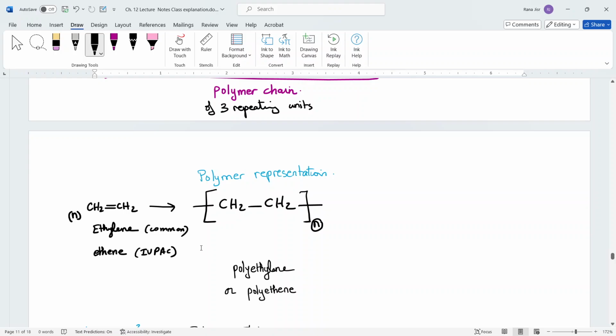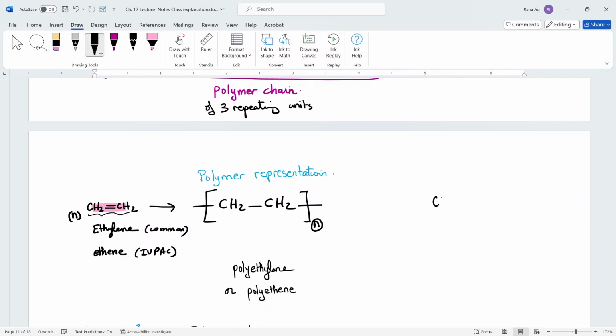The rule says that whenever you are working with polymers, you have to know the monomer unit. The monomer unit should always be an alkene, because it's from the double bond that is going to open up to make new sigma bonds. So when you are representing your polymer, you choose what your repeating unit is.